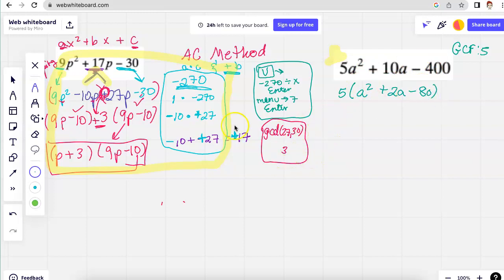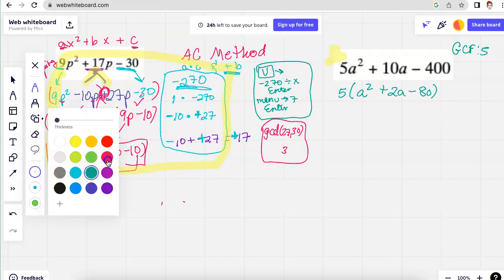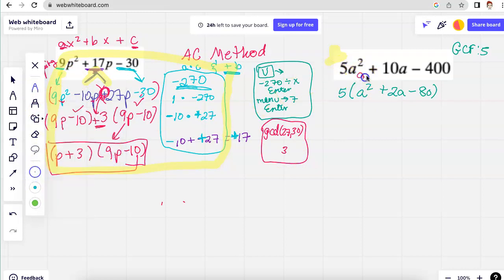There we go. And now inside this parenthesis here, we have our trinomial. We have our ax squared plus bx plus c. So we're going to do a times c. So our a times c is going to be 1 here in front of our a squared.